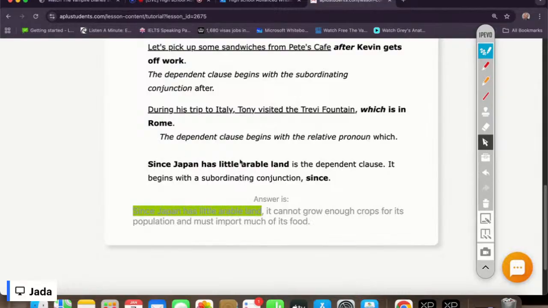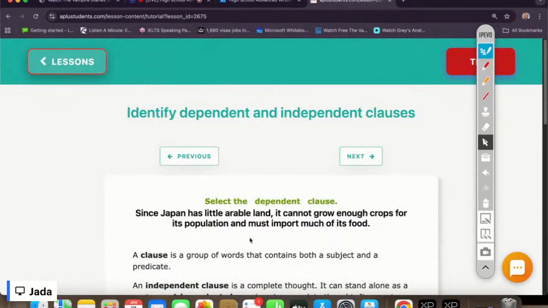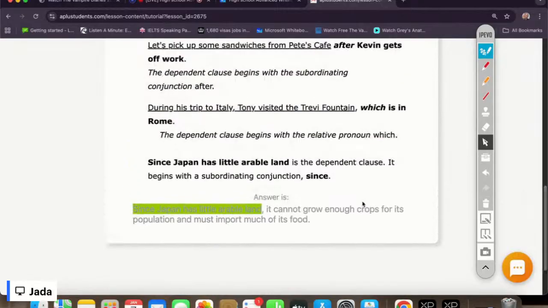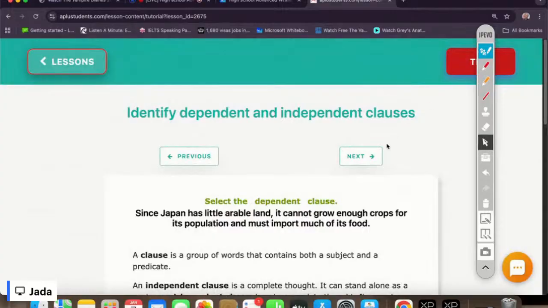Alright, so here is the question: select the dependent clause. Since Japan has little arable land, it cannot grow enough crops for its population and must import much of its food. So since is a subordinating conjunction. So it's the start of the dependent clause.